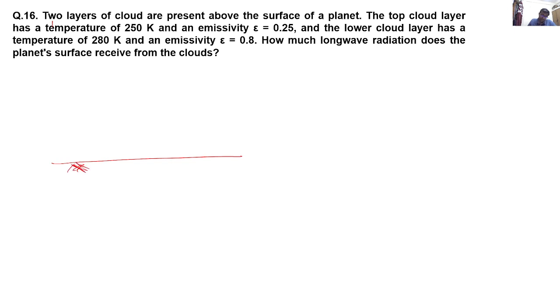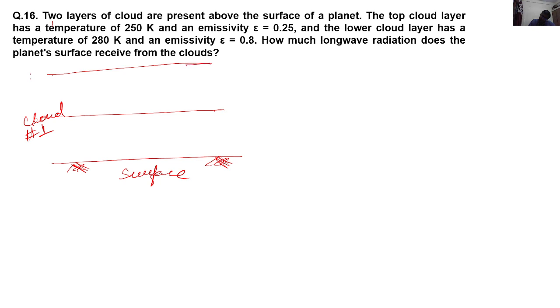So let us suppose this is the surface of the planet. This is the first cloud layer, cloud number one. This is the second cloud layer, cloud number two.